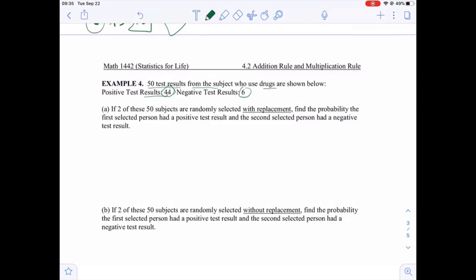If 2 of these 50 subjects are randomly selected with replacement, find the probability that the first selected person had a positive result, and, or you may just write and here, the second selected had a negative result.